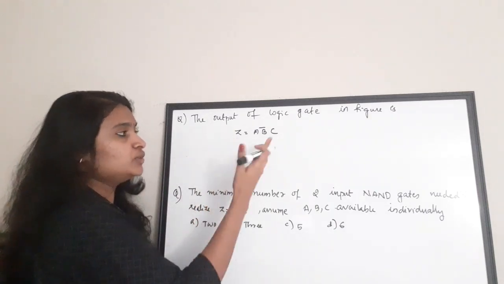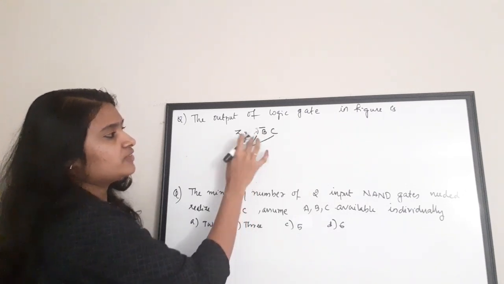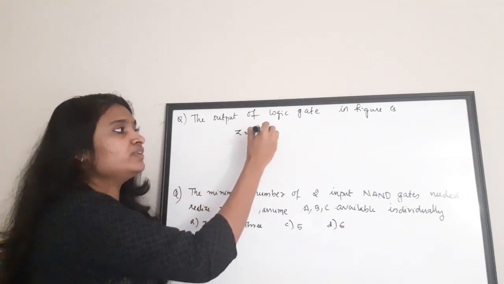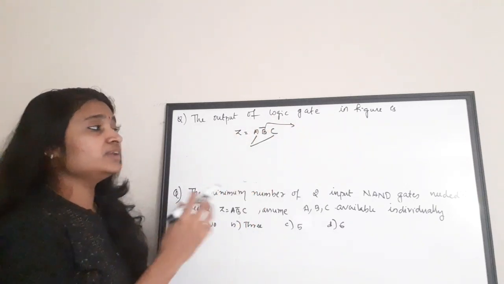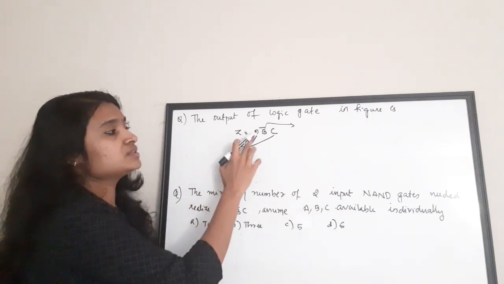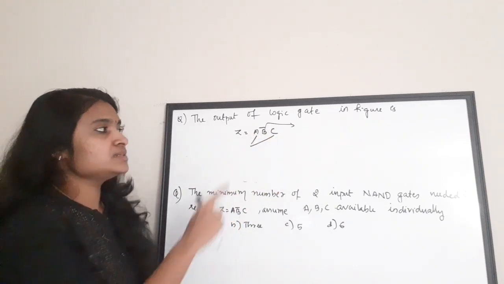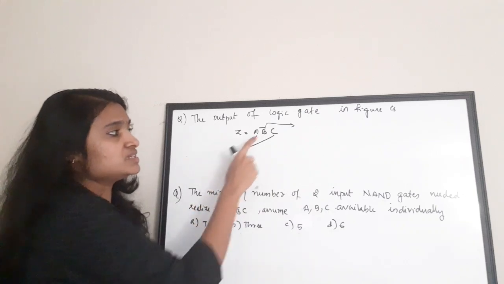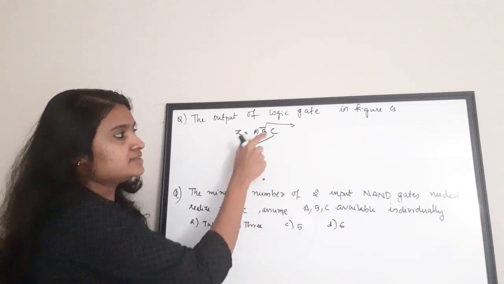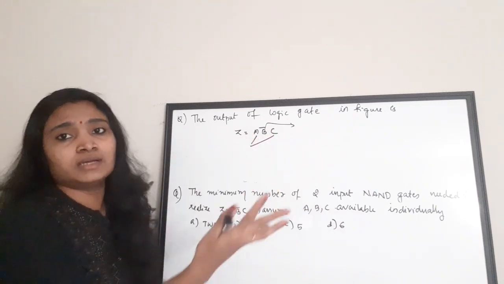So I will take the two variables which are in non-complemented form, A and C, together, and the one variable in complemented form, B, separately. We will realize A and C together and B together, and then we will combine.